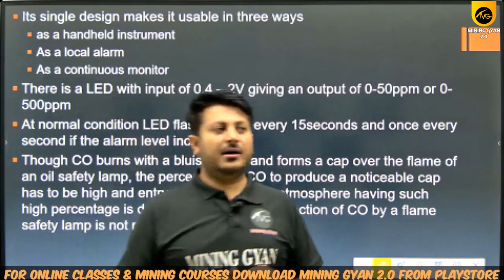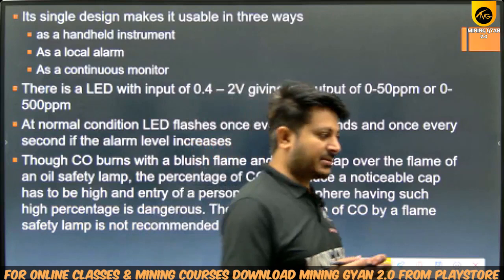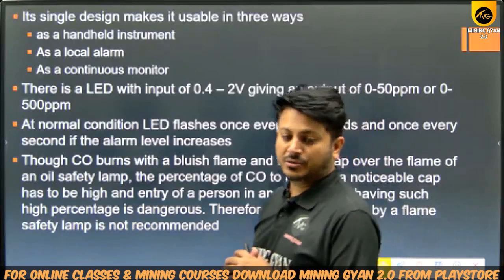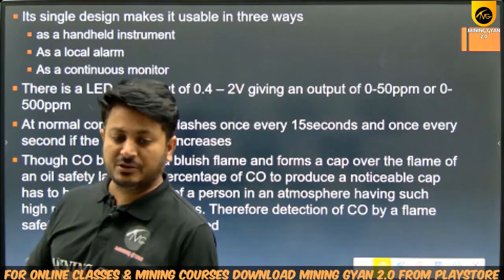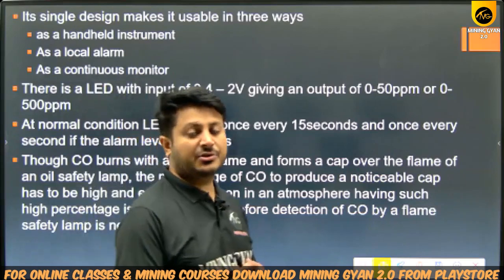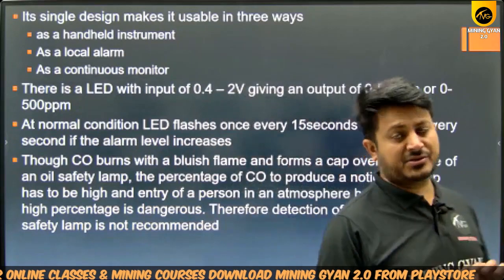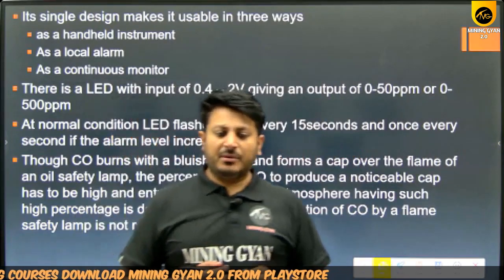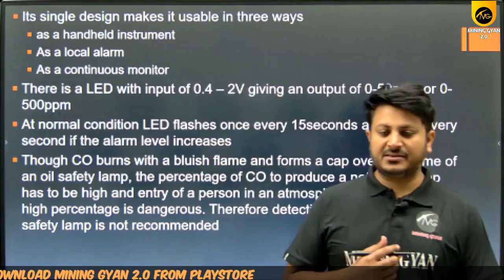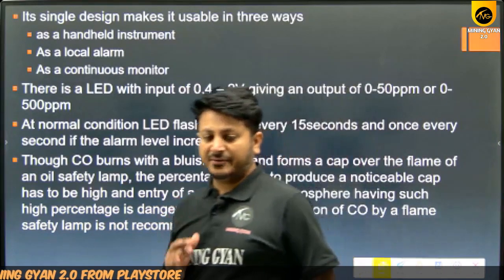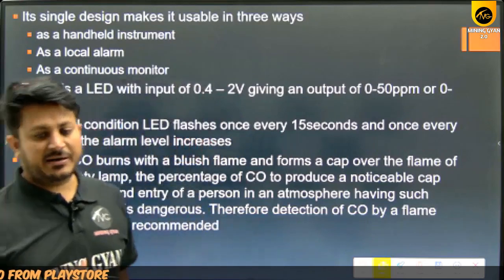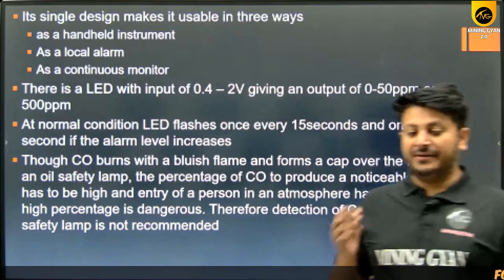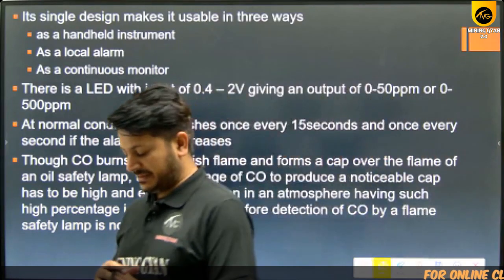The LED is fixed in this device, having an input of 0.4 to 2 volt, giving an output of 0 to 50 ppm or 0 to 500 ppm. There are two variations of this. At normal condition, this LED flashes once in every 15 seconds. But in the alarm condition, the LED light flashes once in every second.